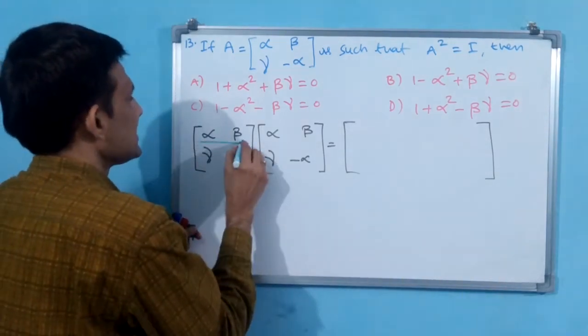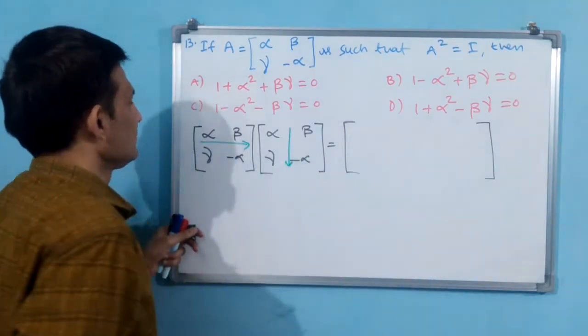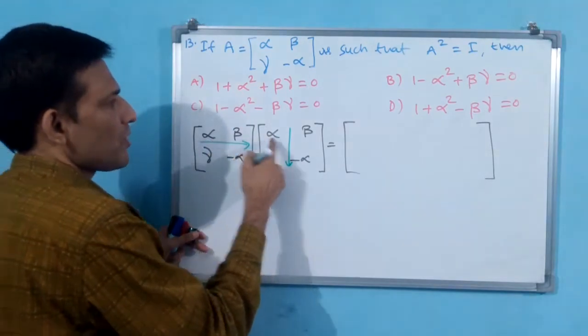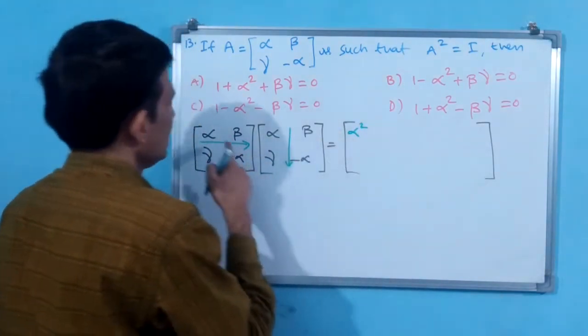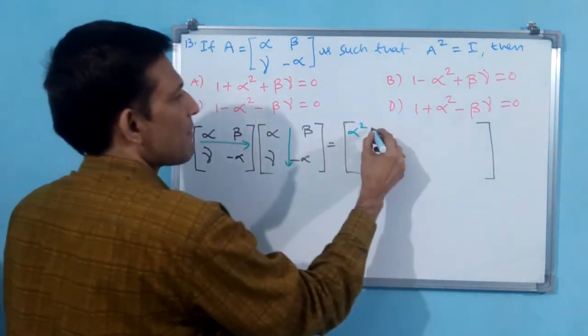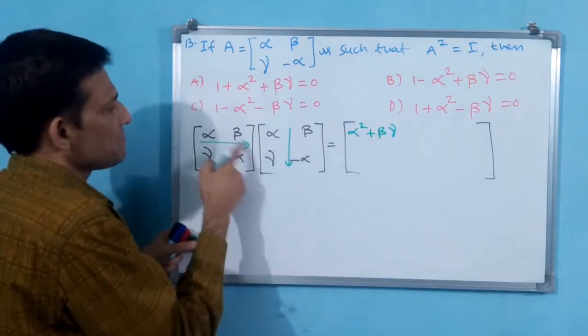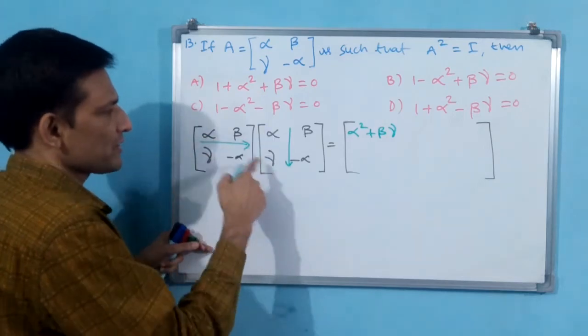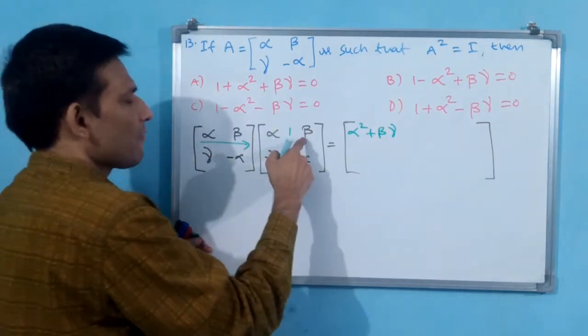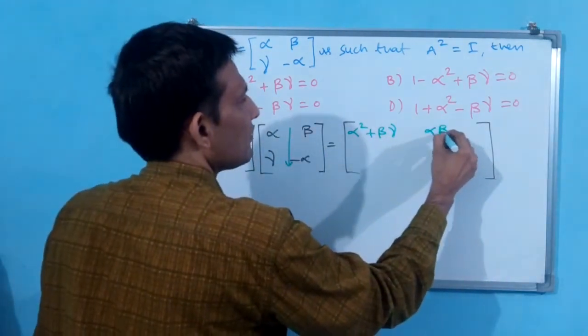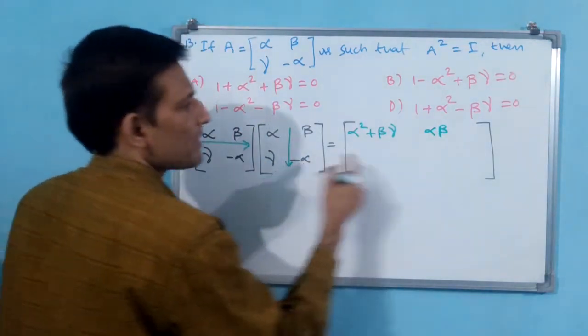Now put lines. You see alpha square plus beta gamma, alpha square plus beta gamma. This is first row, first column. First row, second column: alpha beta minus alpha beta.